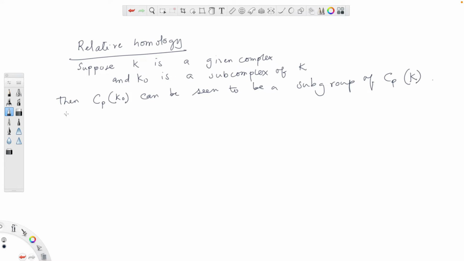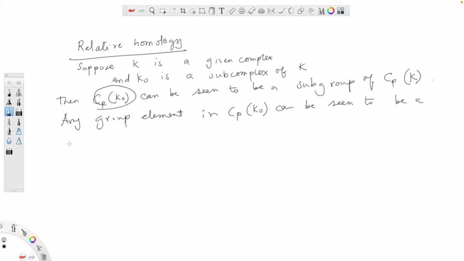Any group element in this group of P chains on the subcomplex K0 can be seen to be a group element here in the following way.